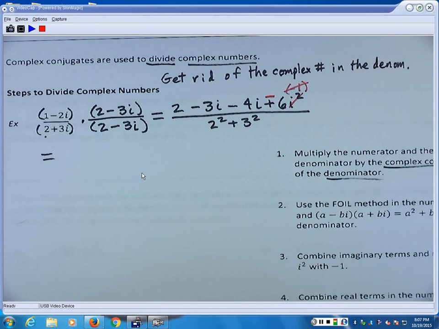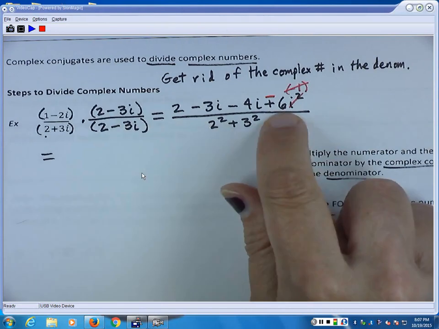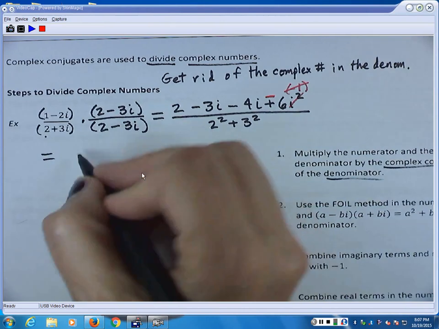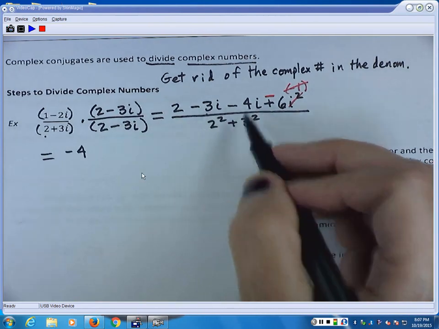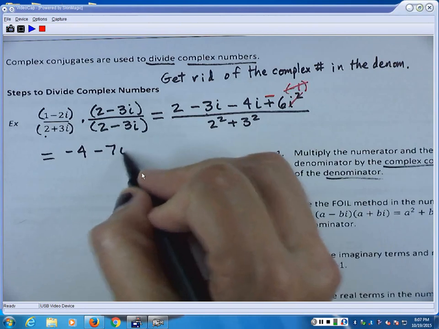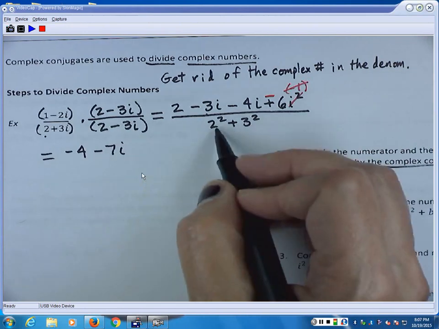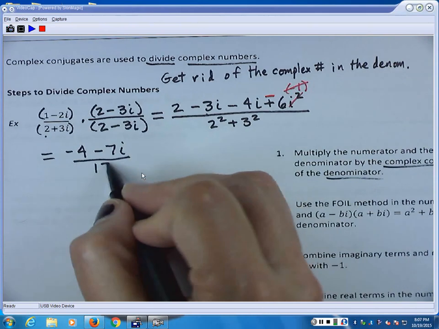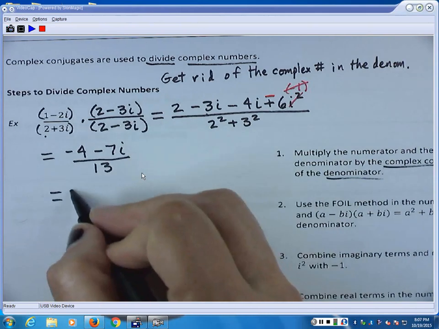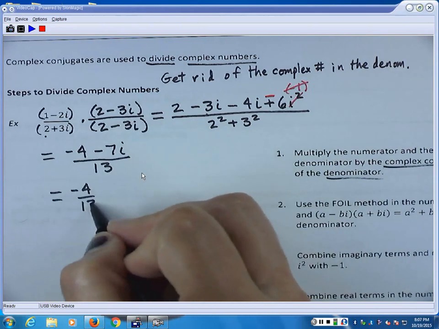So you're going to combine like terms. So you get your 2 and your negative 6 becomes negative 4. And your negative 3i and your negative 4i is negative 7i. And you're going to divide by 4 plus 9. Divide by 13. So I just kind of skipped a lot of writing.